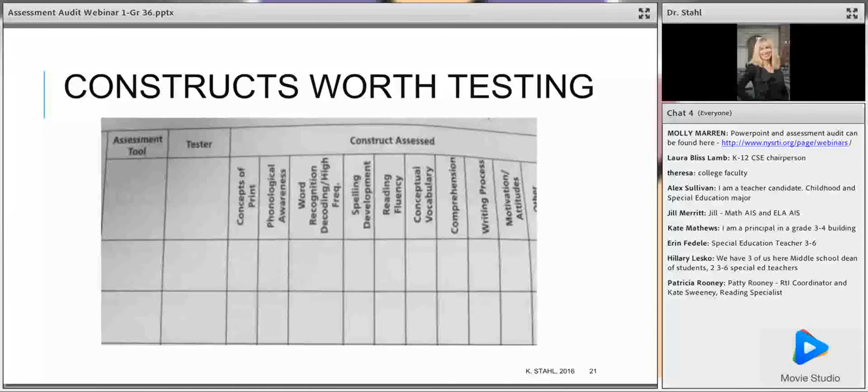And also the same would apply for the high frequency words. Are the errors they're making in isolation high frequency words?